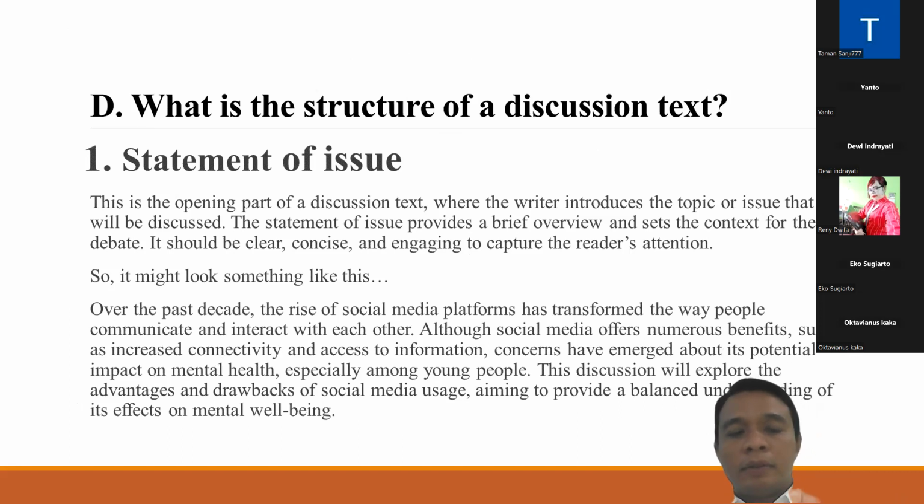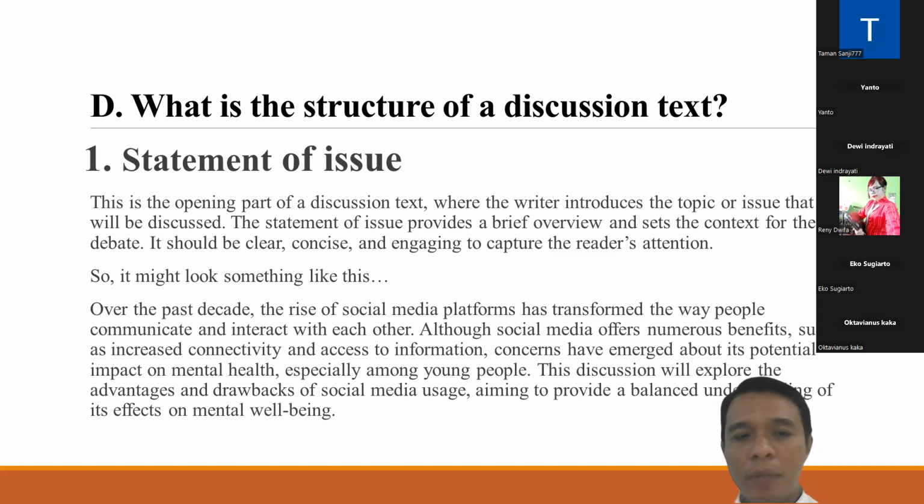The fourth one, I'd like to bring you to what is the structure of a discussion text. There are some structures of a discussion text as follows. The first one is statement of issue.